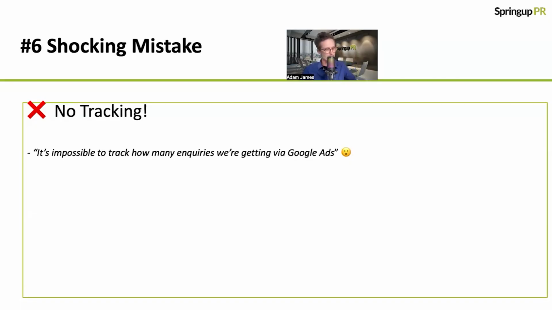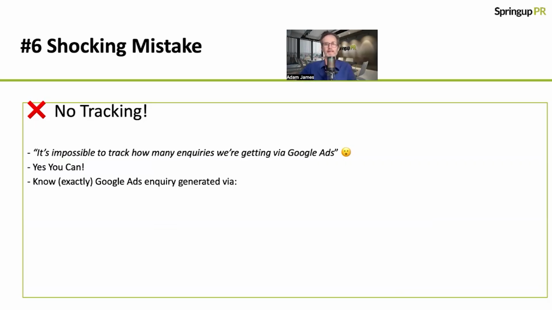So often, care homes say to me, oh, it's impossible to track exactly how many inquiries we're getting via Google Ads. It's rubbish. Because yes, you can. And it's so important. You want to know, as a care home, exactly how many inquiries, and that's care-related inquiries, not job inquiries or something else, you are getting for your ad spend.